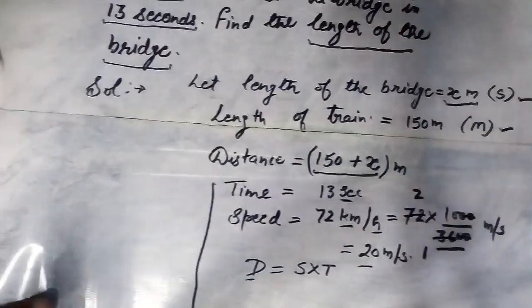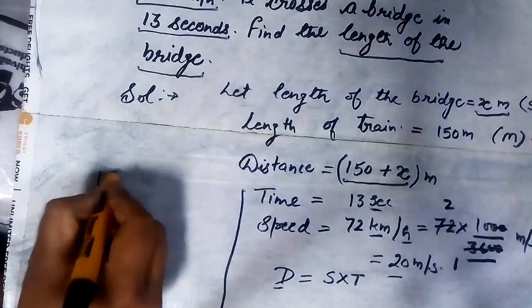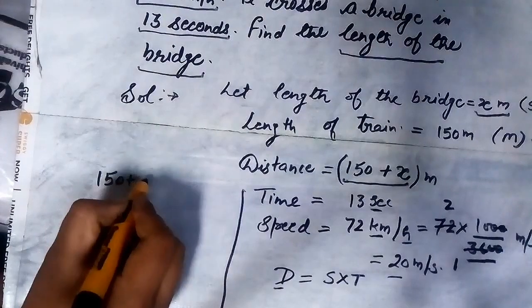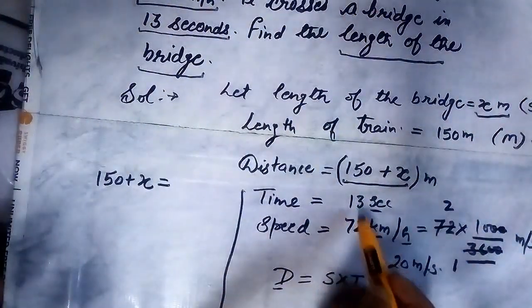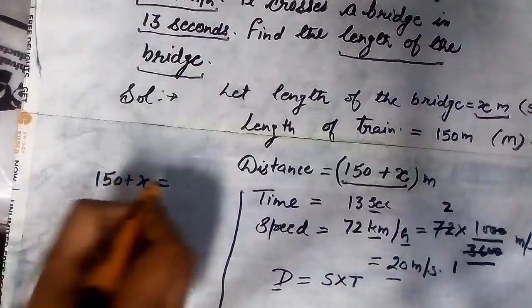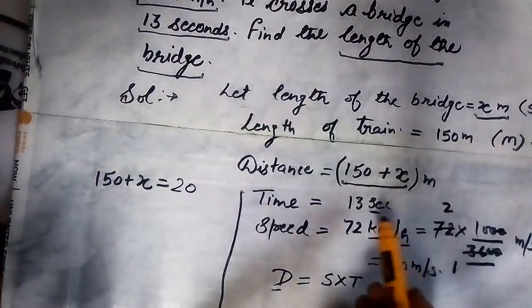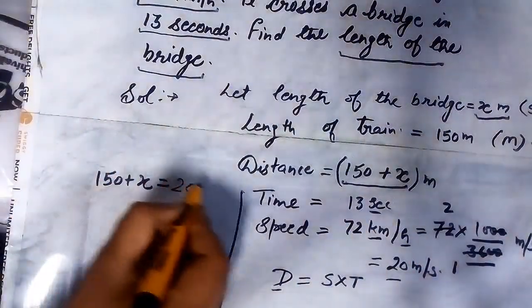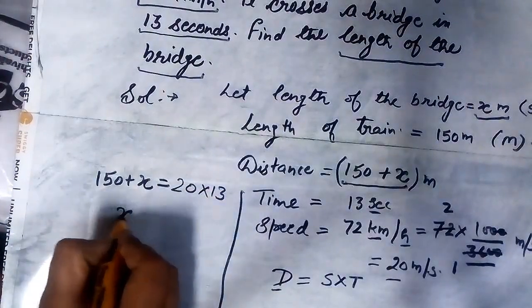So on the left side we have 150 plus x, which will be equal to speed into time, that is 20 multiplied by 13.